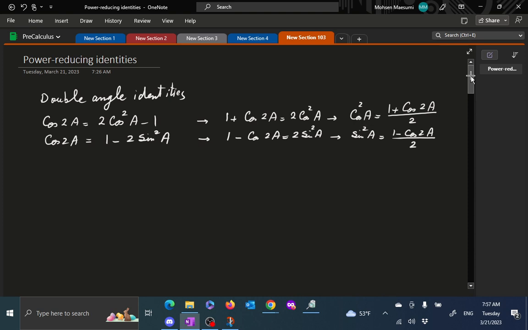And to do various kinds of things in more advanced courses, things such as integration, you would need to modify it to double angle and then perform your integration. So the main application is that.